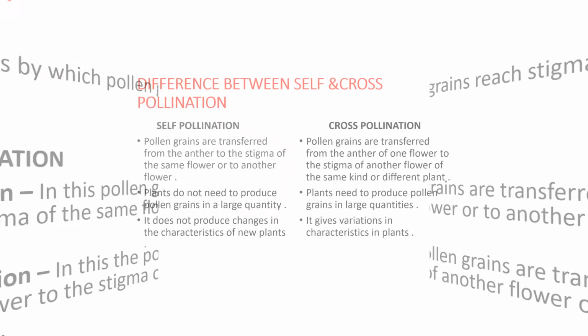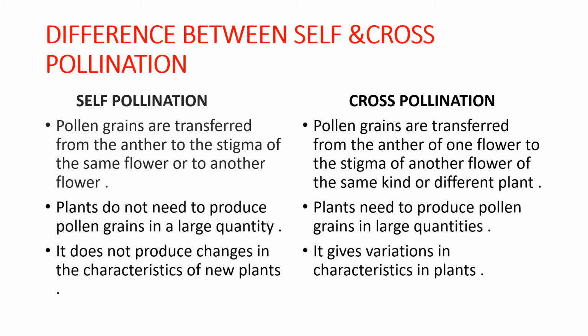What are the differences between self-pollination and cross-pollination? In self-pollination, pollen grains get transferred from anther to the stigma of the same flower. In cross-pollination, pollen grains get transferred from anther to stigma of a different flower. Second one, in self-pollination there is no necessity for large amount of pollen grain production.